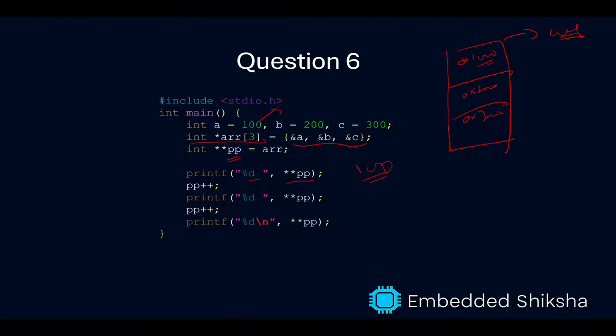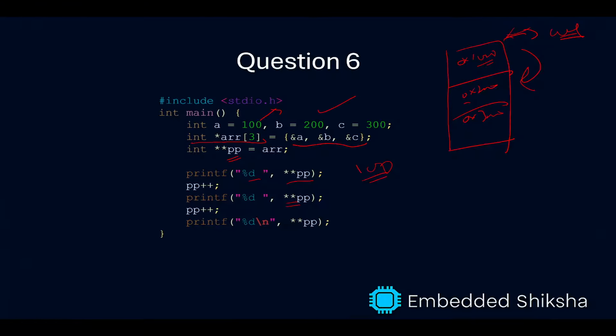Then you are incrementing this pointer. When you do pp++, pp was pointing to the first element, and now it will move to the second element in this array. Dereferencing it, you get the value 200.